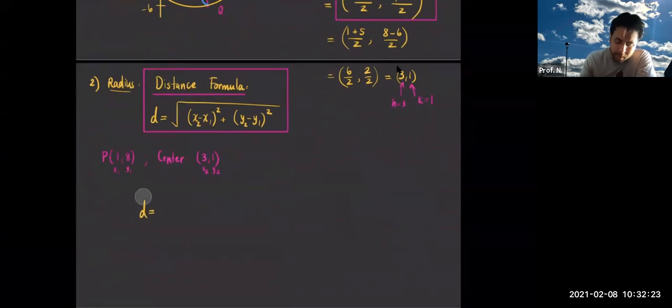In this case, this would be the radius. So don't confuse this d with diameter. This is the distance, okay? Not necessarily the diameter.